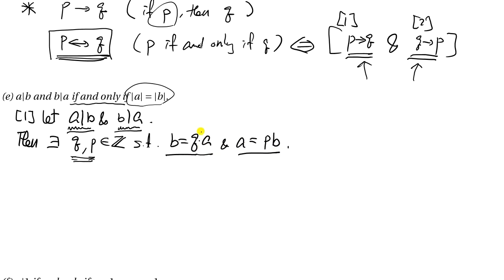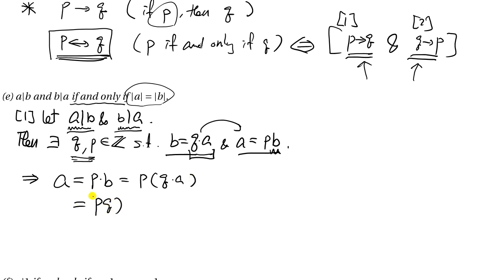So let's try to put these together. Instead of B, let's substitute Q times A. Then from A equals P times B, we have P times Q times A, so it's PQ times A. Now the condition was that P and Q are integers.